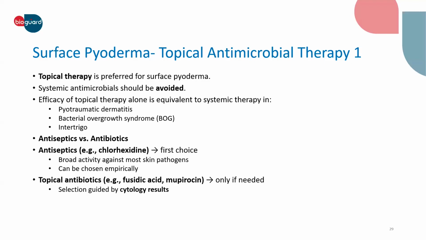The selection would be based on the cytology results. So if on cytology we observe bacteria, inside the neutrophils or outside the neutrophils, with the suggestion of bacterial infection, then topical antibiotics can be prescribed.